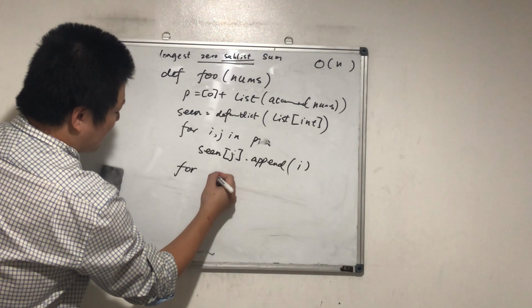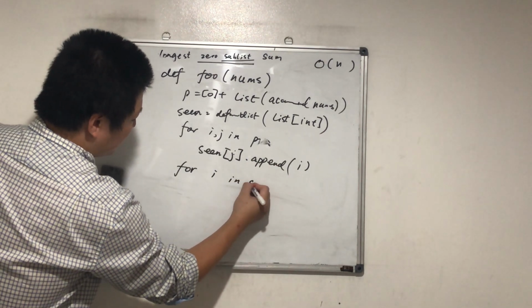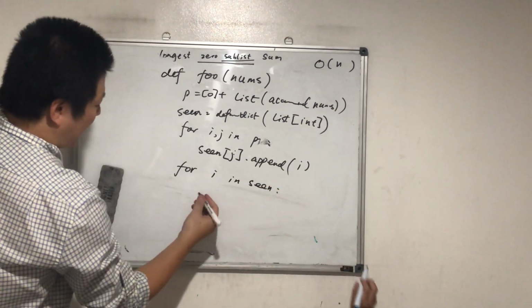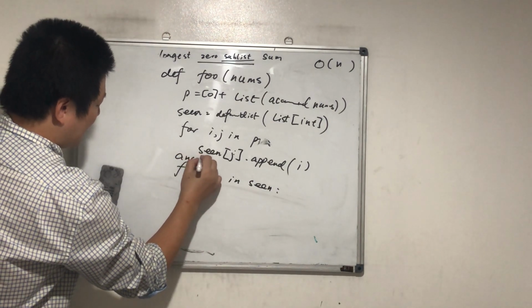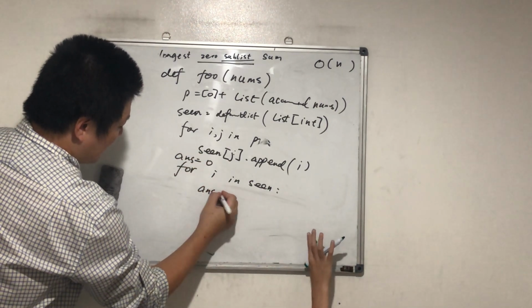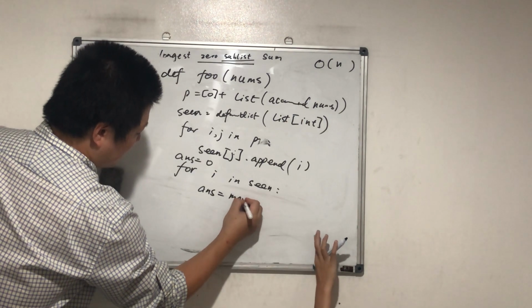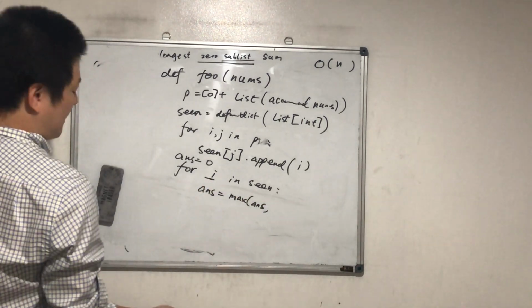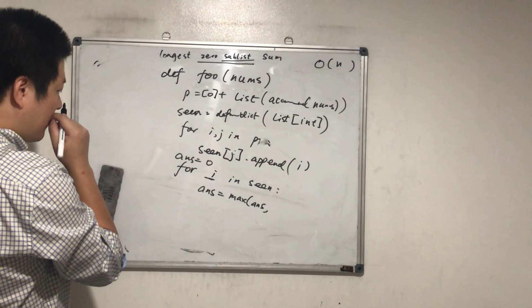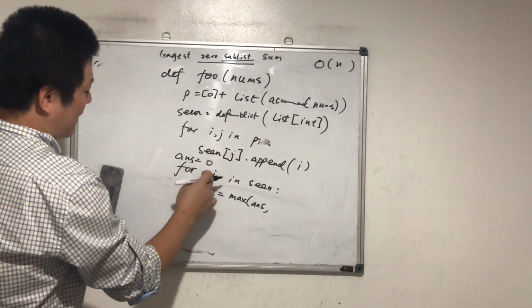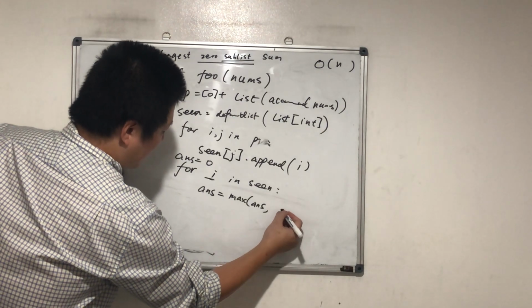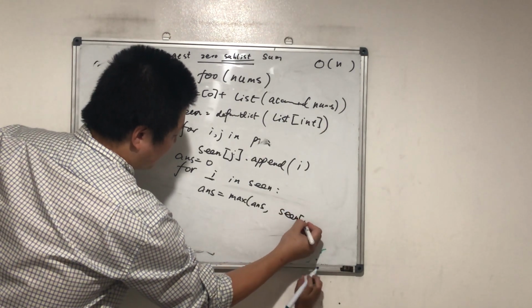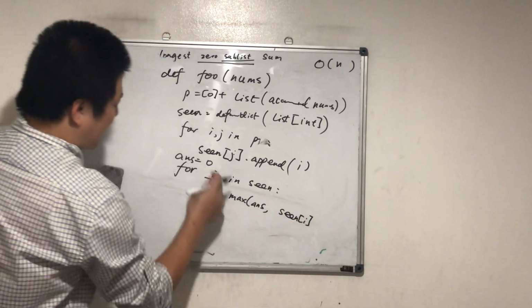For i in seen, this is a bit complicated. Let's put the answer here. Answer equals the maximum of answer and, where i is the sum, j will be seen[i], the list of indices.